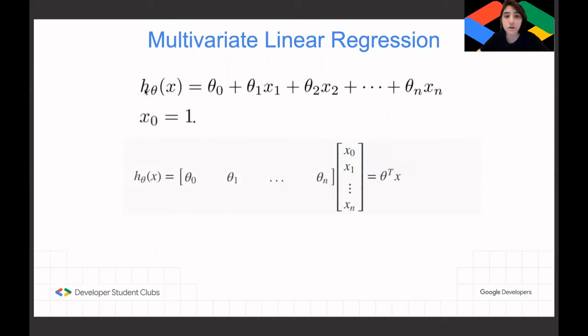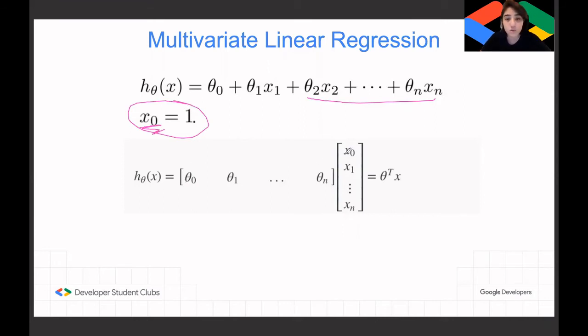So the hypothesis function for a multivariate linear regression is pretty similar to the one for a single variable linear regression, except we just have more variables now. And it's not super important to understand this, but if anyone's curious about how we get to this expression, the way to do that is that we introduce a filler value for the 0th feature, which equals 1.